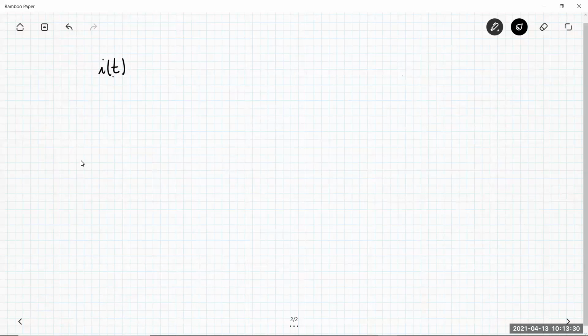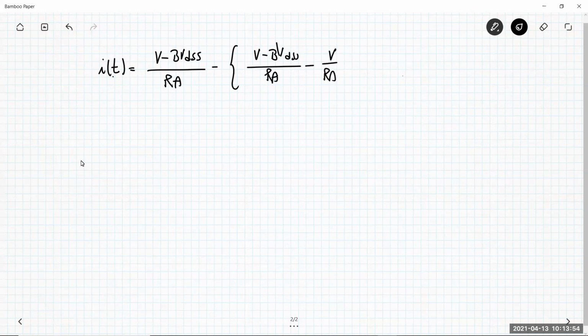I(t) is I infinite, V minus the breakdown voltage between the drain and the source of the MOSFET over RA, minus V minus BVDSS over RA, minus V over RA, and this is e to the power of minus t over tau, okay?